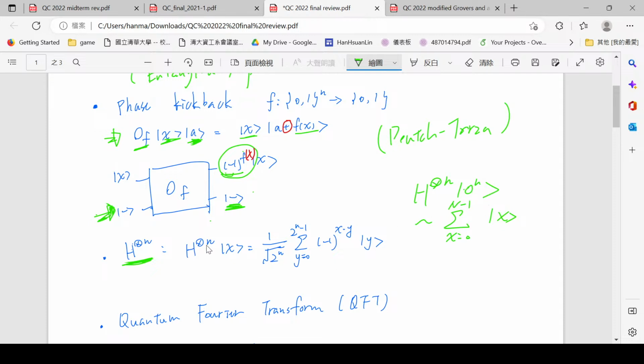But if you don't input |0>, then there are some phases, and sometimes you can also apply Hadamard to the n on some weird phase state and invert it back. Remember, Hadamard to the n squared equals the identity gate.